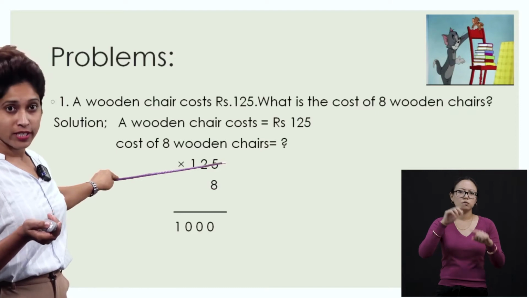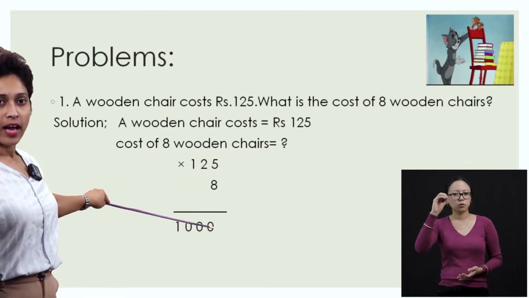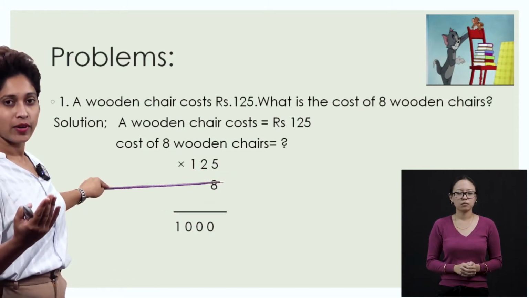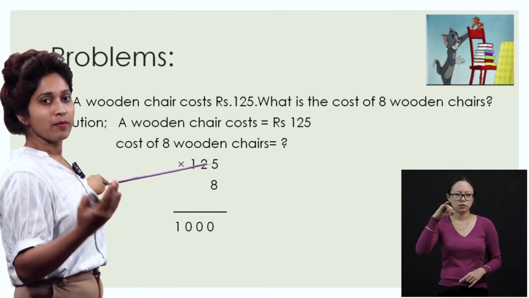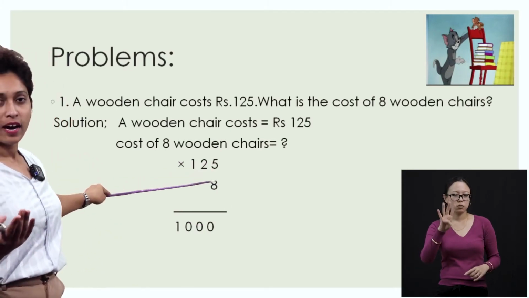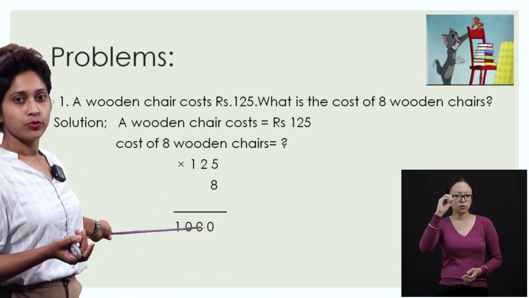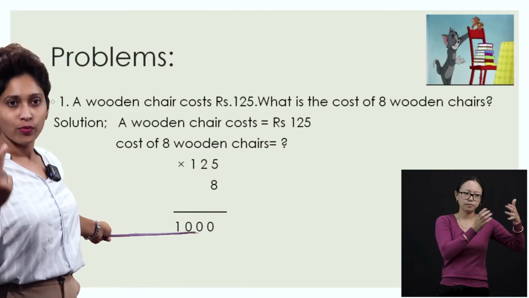It is 40, right? So 40, you need to put 0 here and you have carry 4 along with you. Again you have 8 into 2, 16. So 16 plus 4, when you add them up, you will get 20, right? So 20, you need to put here 0 and then you have carry 2 along with you.